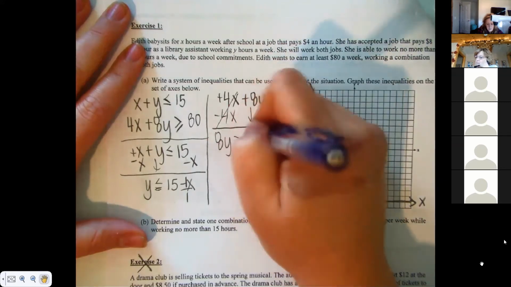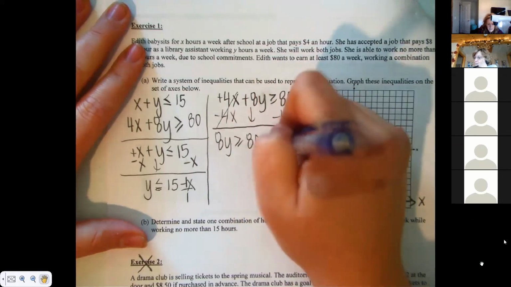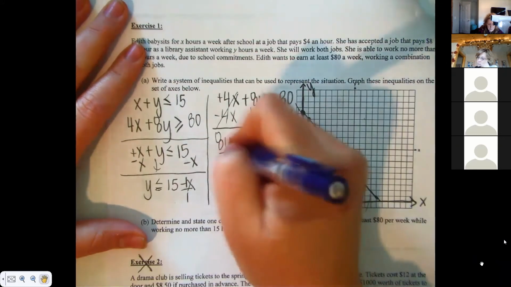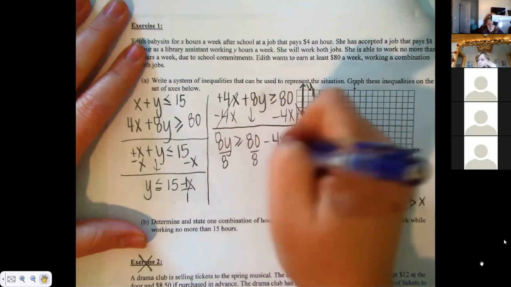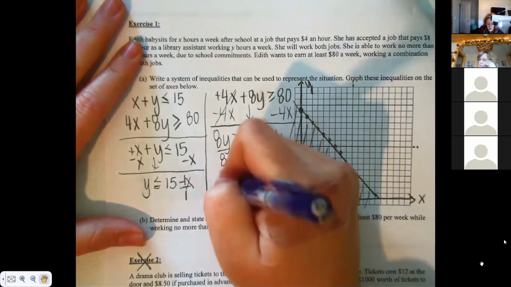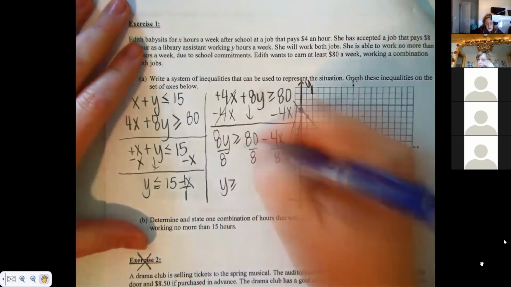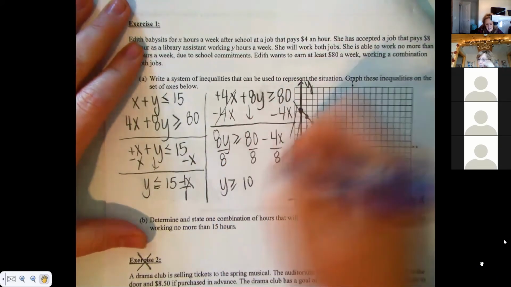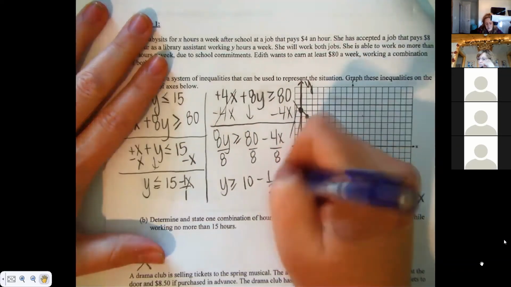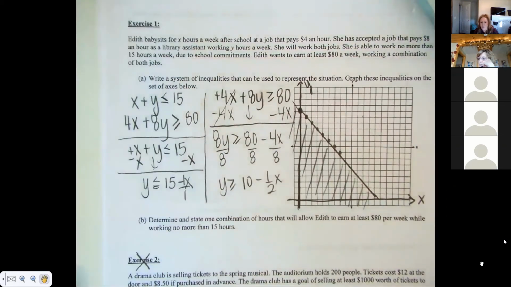And I get 80 minus 4x. And then I get to divide by 8. All right, and then I'm just left with y is greater than or equal to 80 divided by 8 is 10, and 4 divided by 8 is 1/2 x.